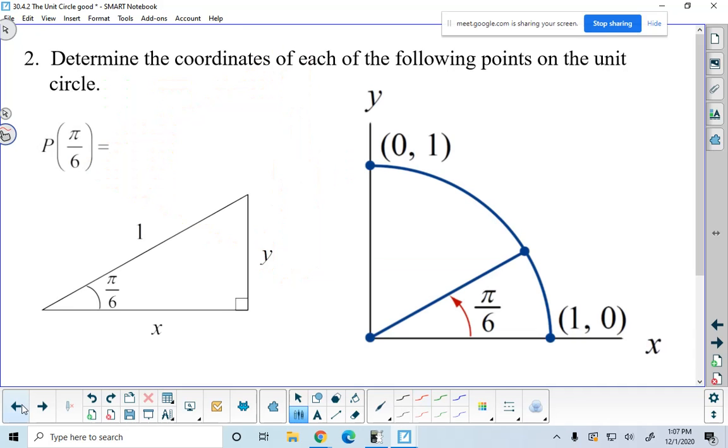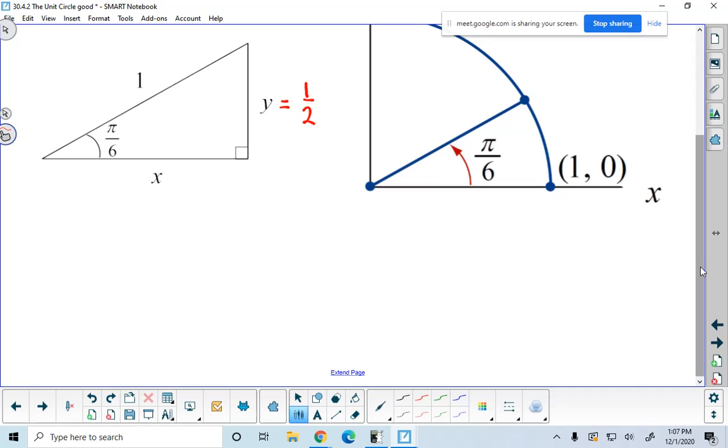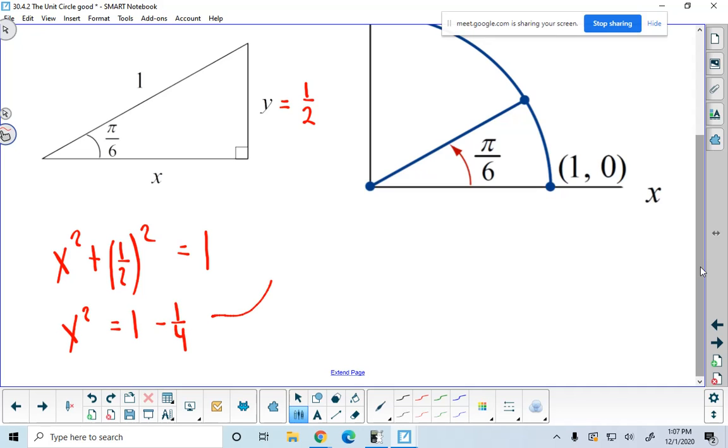So what have we learned? We learned that y is a half. Now how do we find x? We use the Pythagorean theorem. X squared plus y squared equals 1 because it's the unit circle. When I square 1/2, I get 1 over 4. I square the 1 to get 1. I square the 2 to get 4.